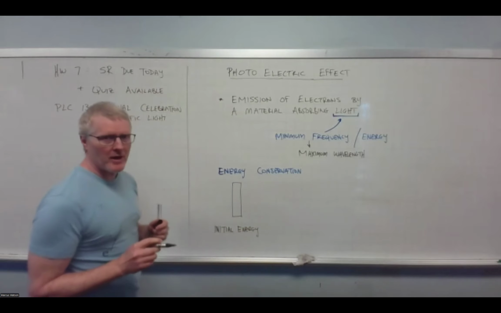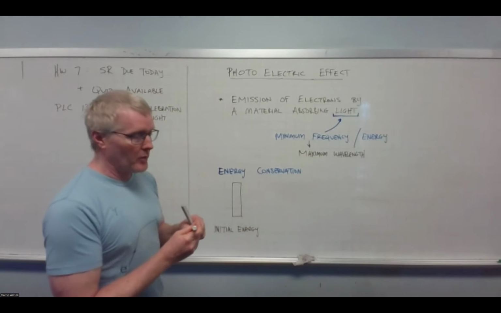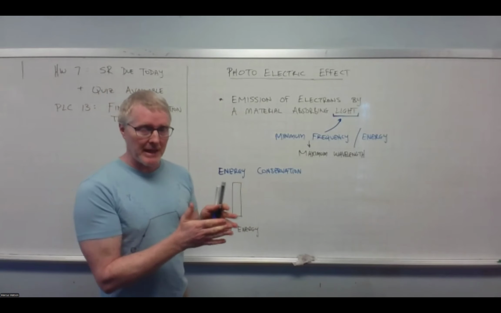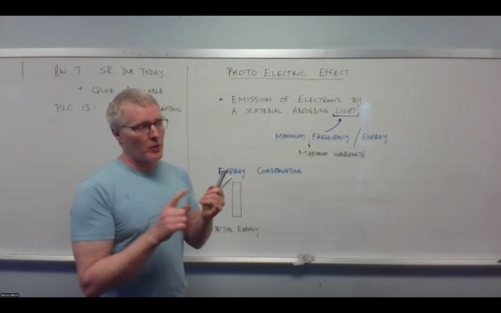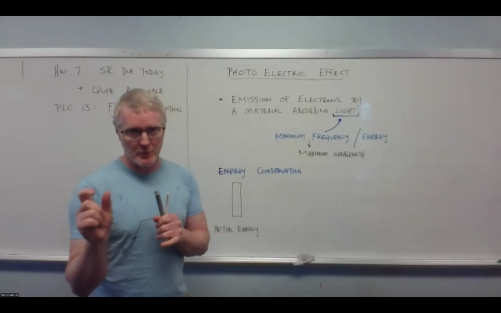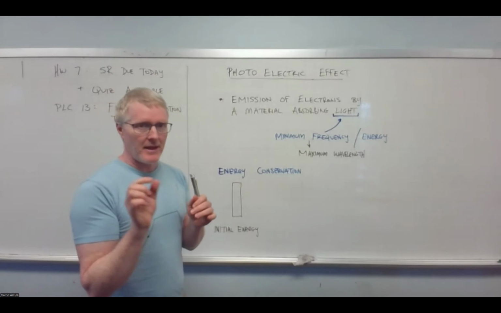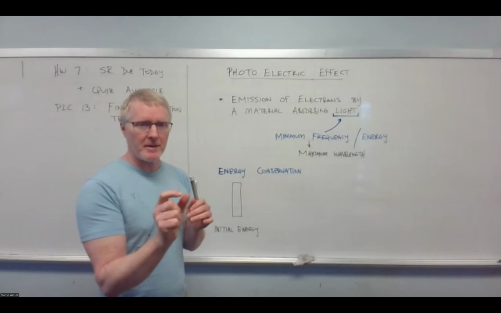In the initial state where I have the initial energy, this is all photon energy. Now, the thing that Einstein brought into play here is not only did he say that the radiation field is quantized and made of photons, and that the energy of a photon was h, the Planck's constant, multiplied by its frequency.